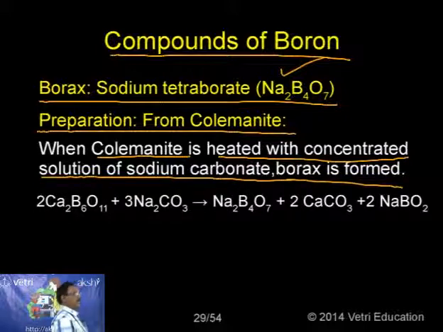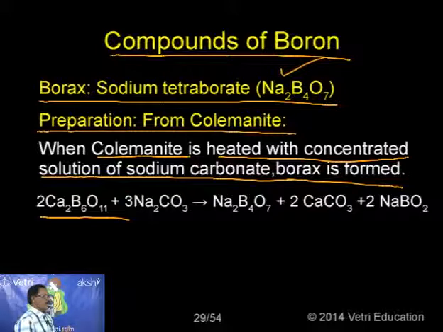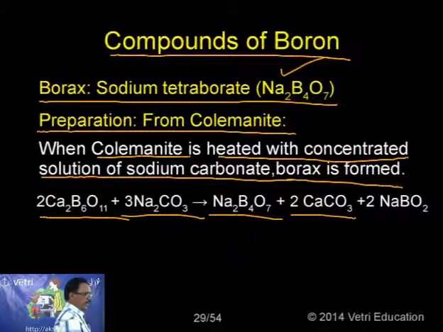The formula for colemanite is Ca2B6O11. 2 moles of colemanite heated with 3 moles of sodium carbonate give borax, sodium tetraborate Na2B4O7, 2 moles of calcium carbonate and 2 moles of sodium metaborate, NaBO2.